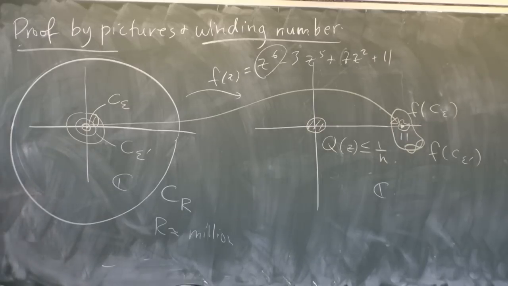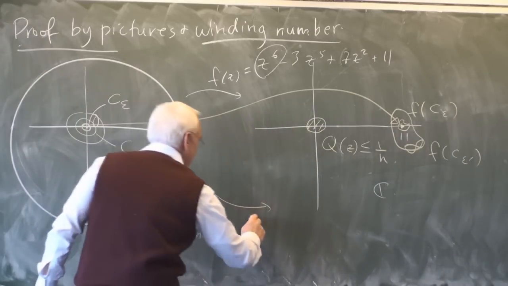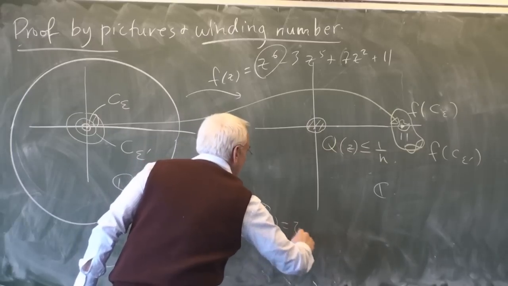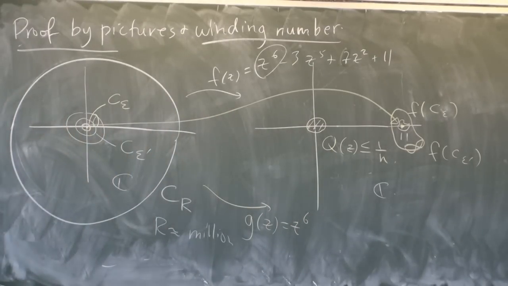Well, we're going to answer a simpler question. We're going to look at another map, the map g of z equals just z to the 6. That's a much simpler map to understand. What does it do to this big circle?